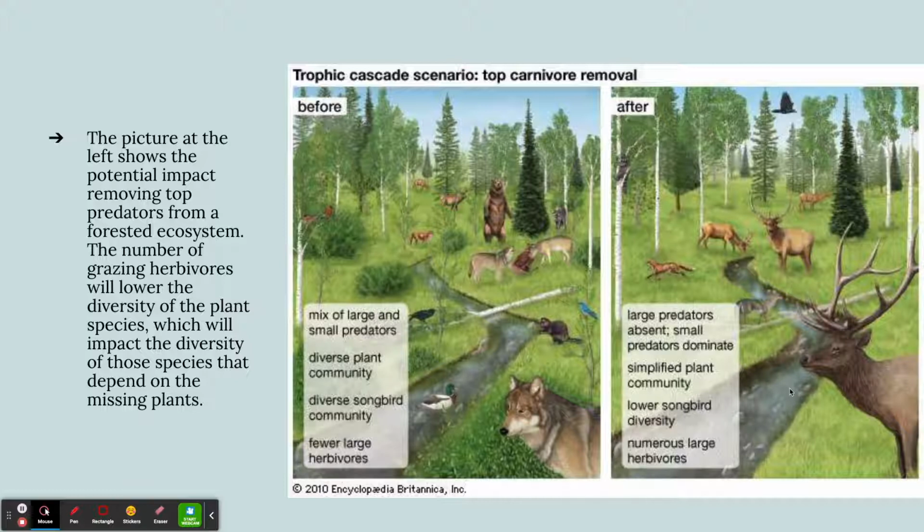When wolves were taken away, a lot of the herbivores overtook this environment and then depleted the plant population because that's what they eat. Once they deplete the plant population, that's causing again those bottom up effects where we start to see the disappearance of other species because they can't survive in this environment anymore.